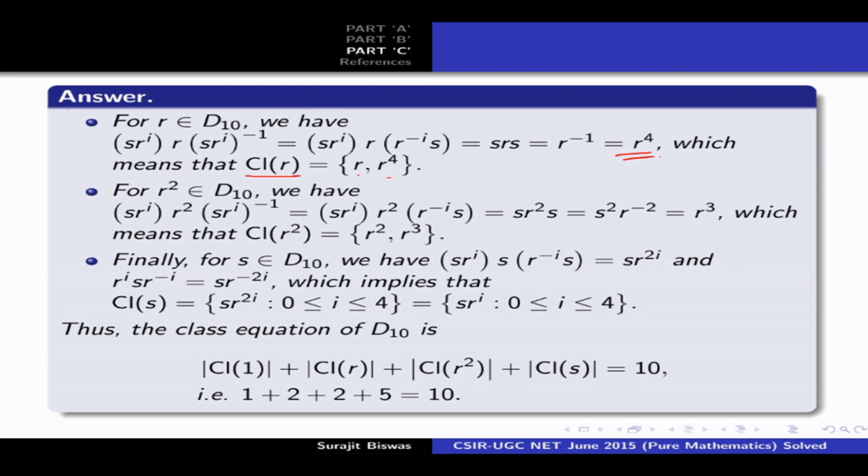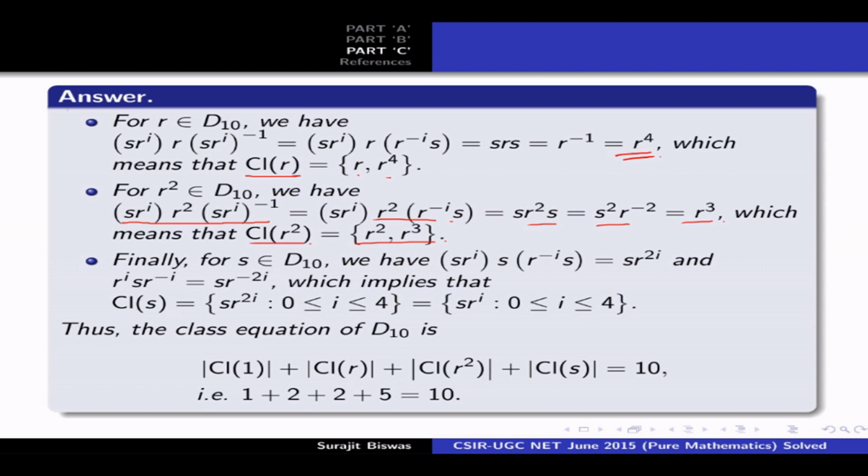Now consider another element, r squared, which is still not appearing in the previous conjugacy classes. For r squared in D10, we have sr to the power i times r squared times sr to the power i minus 1, which by this computation we can show to be equal to r cubed, which means that the conjugacy class of r squared is r squared and r cubed.